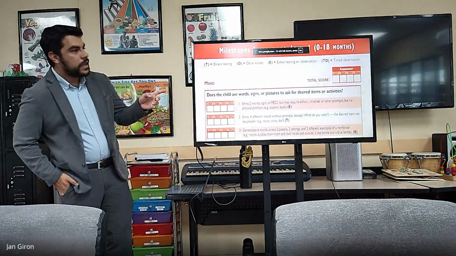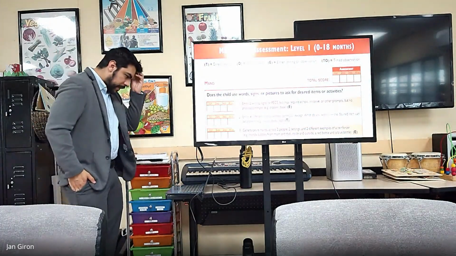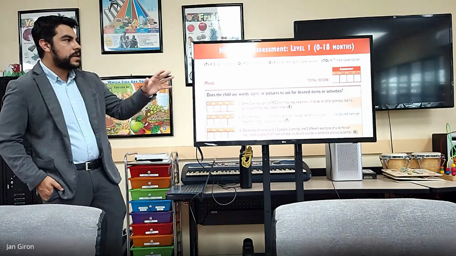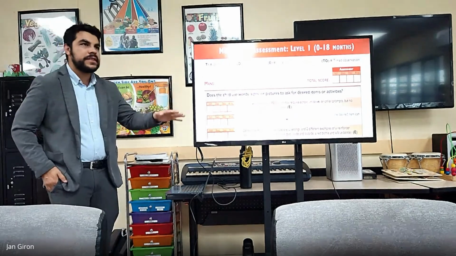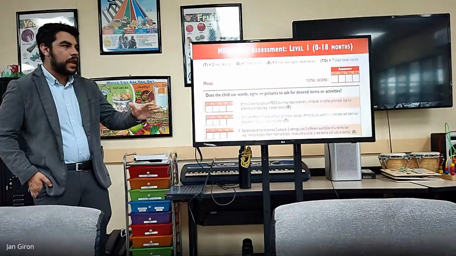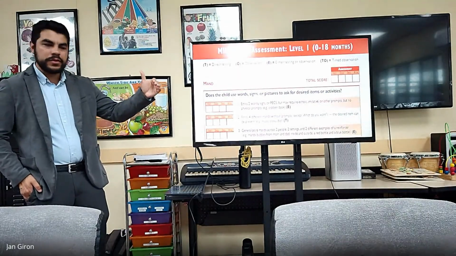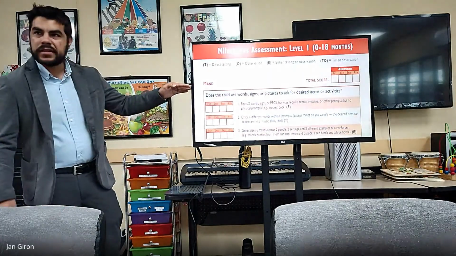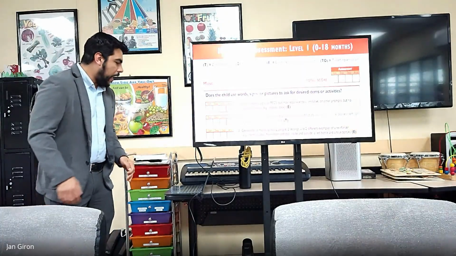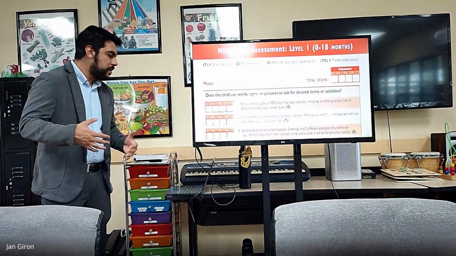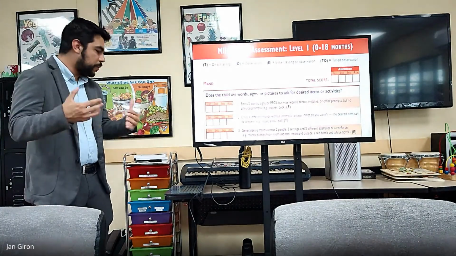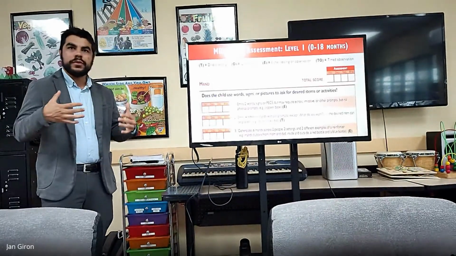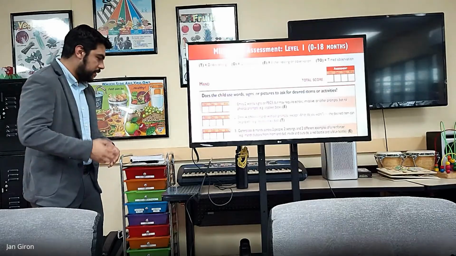And this is what the VB-MAPP looks like. So you see, it starts off with milestone 1. This is typical. It pretty much assesses what a typical 18-month-old would be able to do. So here it's talking about manding, so requesting. And it's asking, can the child emit 2 words or signs or pecks, the PECS icons, in order to make a request?